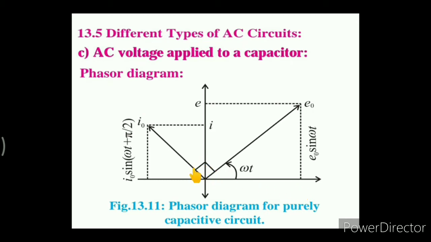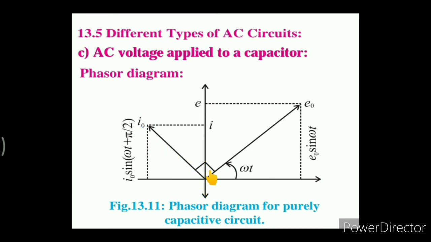So here the phase difference between E0 and I0 must be 90 degree. So the current leads the voltage by 90 degree. So the phasor representing I0 current is to be turned anti-clockwise with respect to the phasor representing EMF E0, as shown in this figure.